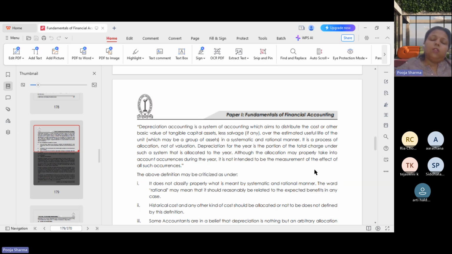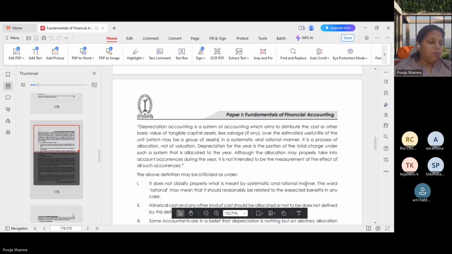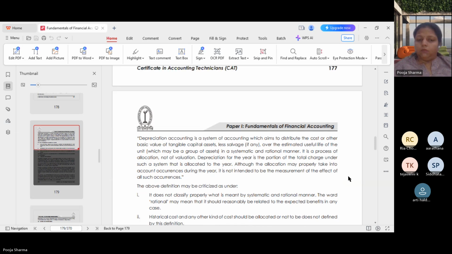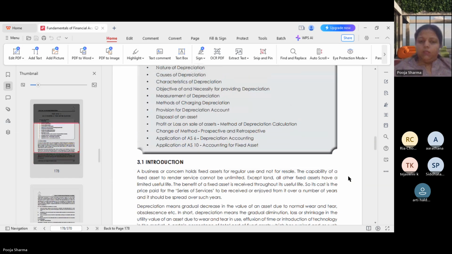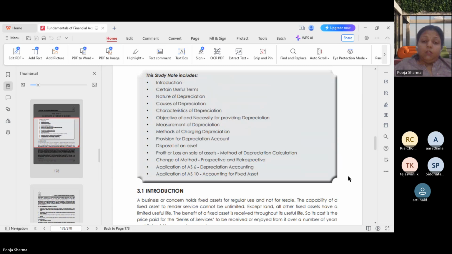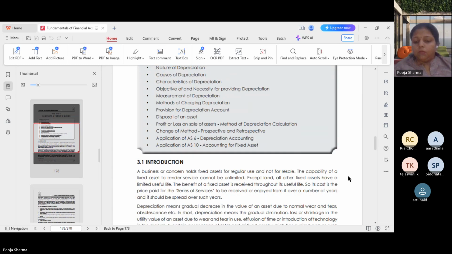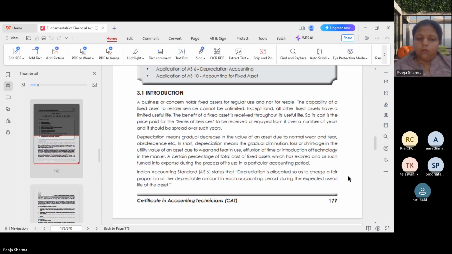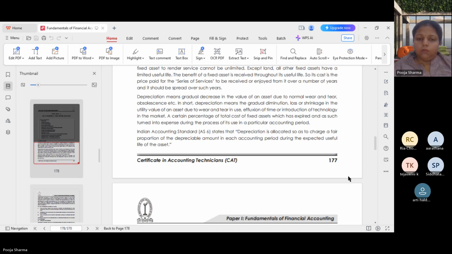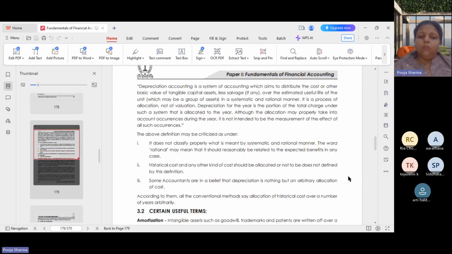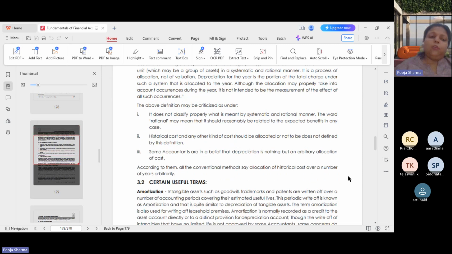Now we will start some key terms that have been given. Now we will use some definitions.